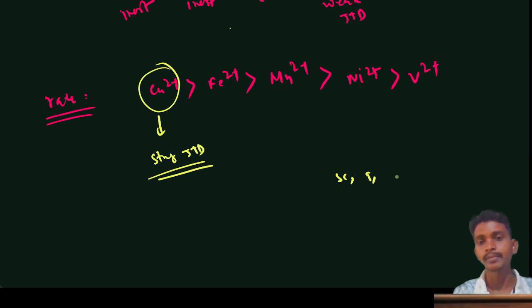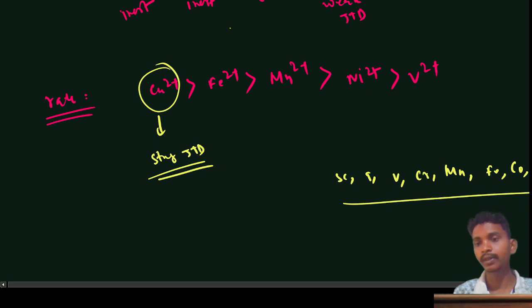Scandium, titanium, vanadium, chromium, manganese, ferrous, cobalt, nickel, copper: from here to here, size decreases.